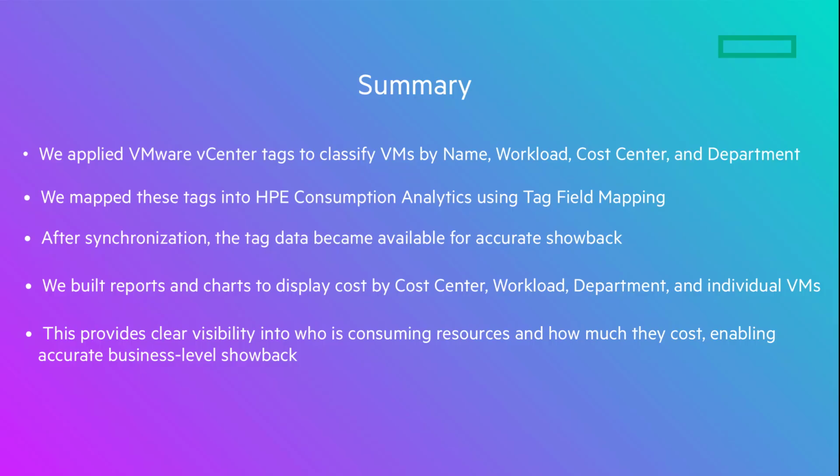We built reports and charts to display cost by cost center, workload, department, and individual VMs. This provides clear visibility into who is consuming resources, and how much they cost, enabling accurate business-level showback.